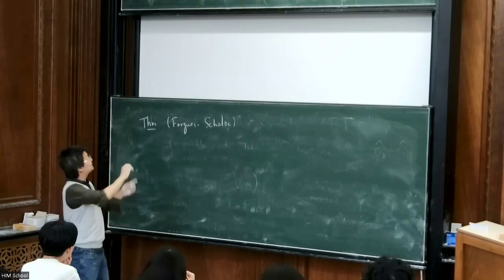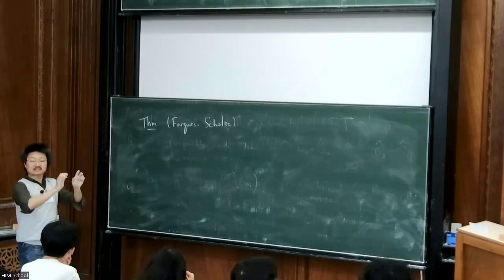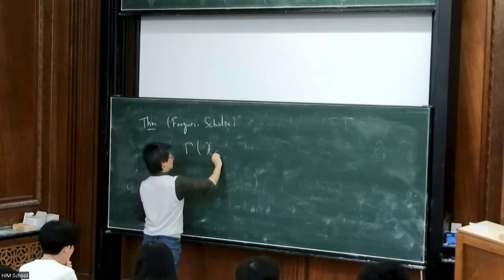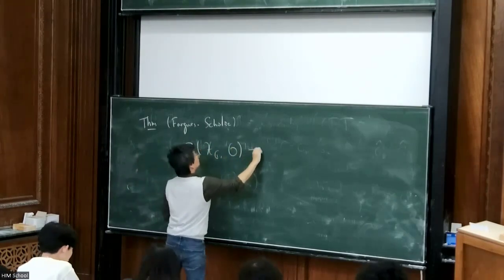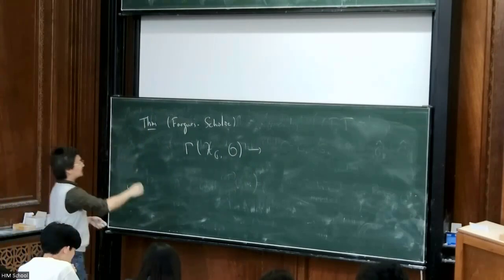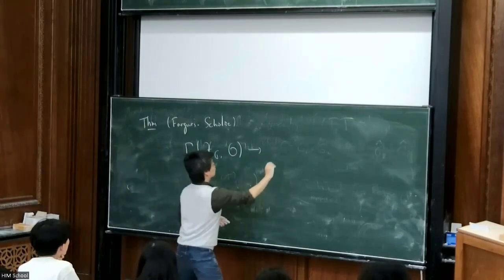Therefore, if such a thing exists, then there must be a map from the functions on this stack to the endomorphisms of the identity functor of the left-hand side, which is like the Bernstein center.